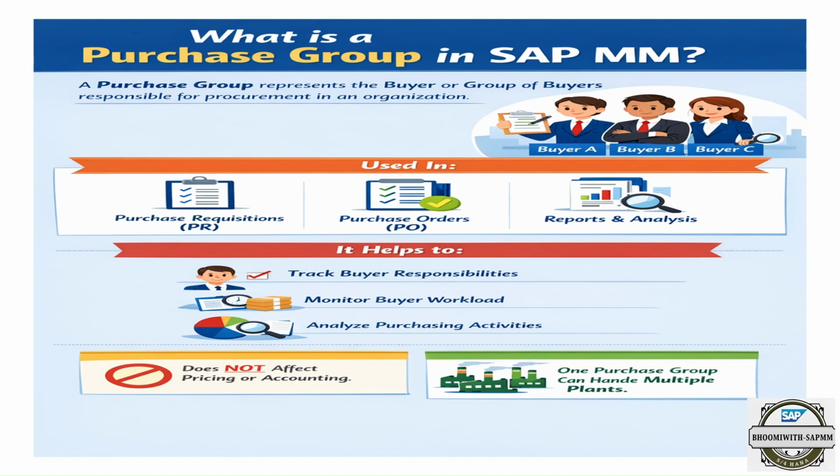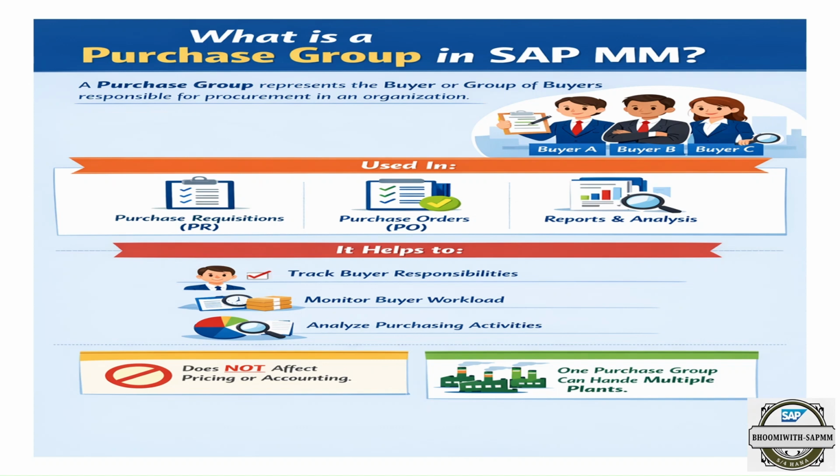What is purchase group in SAP? A purchase group is an organizational unit that represents a buyer or a group of buyers who are responsible for purchasing activities in an organization. In simple words, it tells SAP who is responsible for procurement.